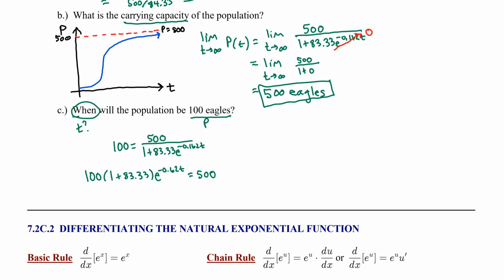Then we can divide both sides by 100. Whoops, I have a parenthesis in the wrong place here. So 500 divided by 100 is 5. We could then subtract 1 from both sides.